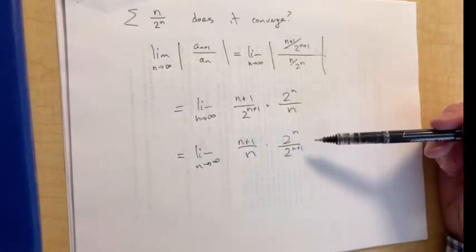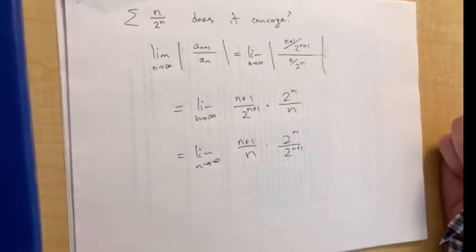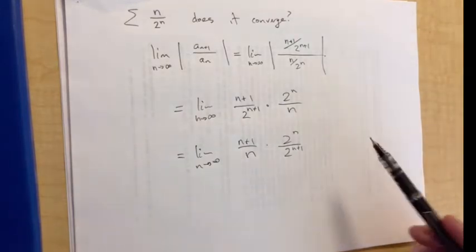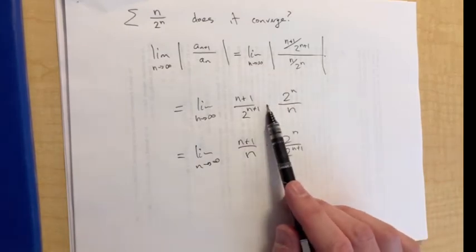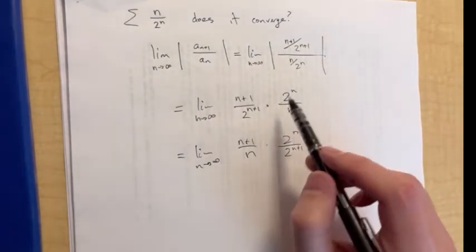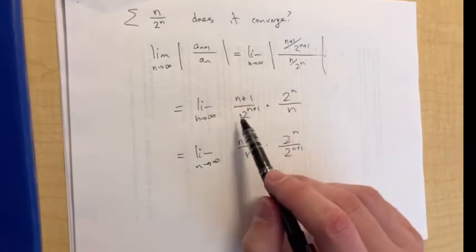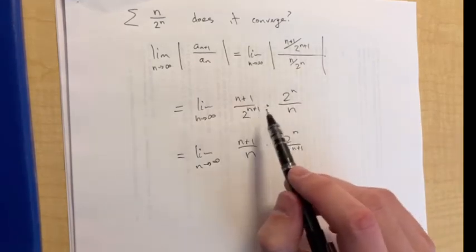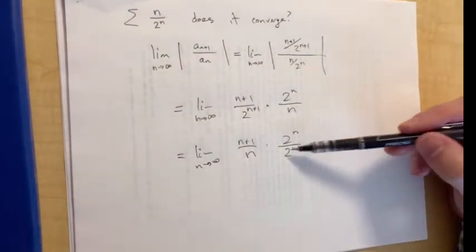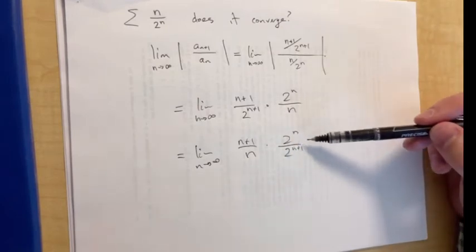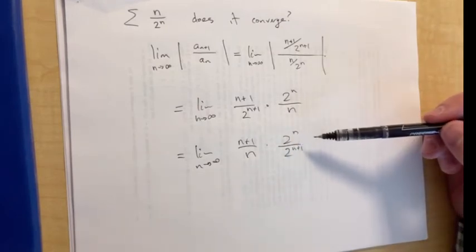Why did you switch the denominators? Did I change it around? It was n plus 1 over 2 to the n plus 1. Yes. So these are multiplied, so you can move things around in the order. And I did that because when you put it together, you can simplify that. Any ideas there?